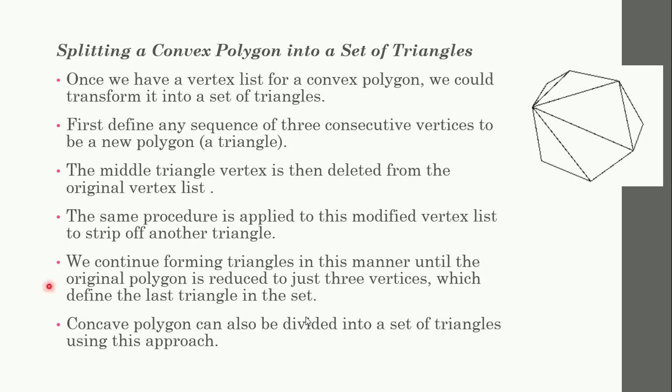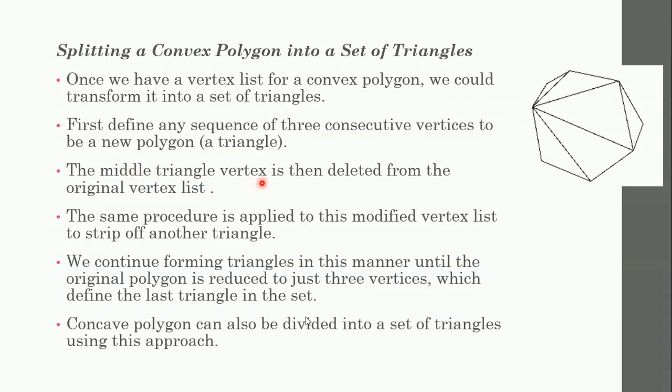Next way you have is splitting a convex polygon into a set of triangles. Once we have a vertex list for a convex polygon, we could transform it into a set of triangles. So first we define any sequence of three consecutive vertices to be a new polygon.